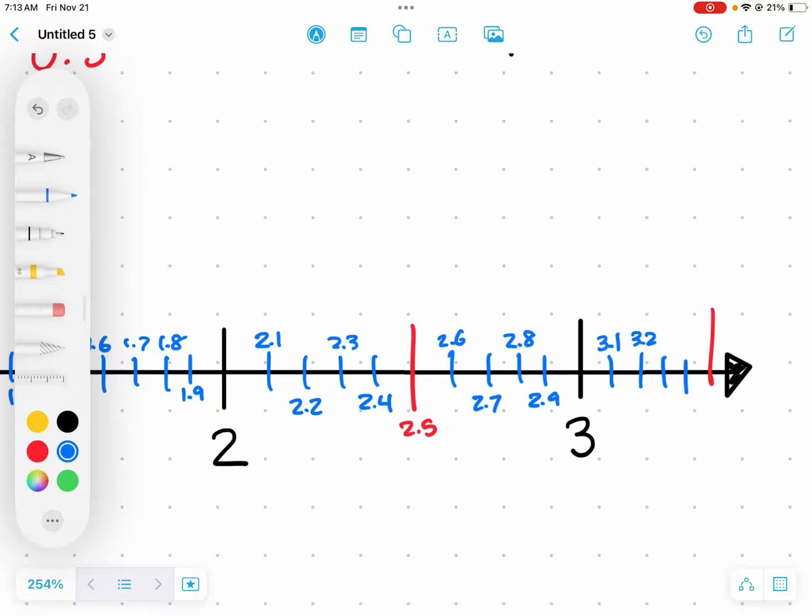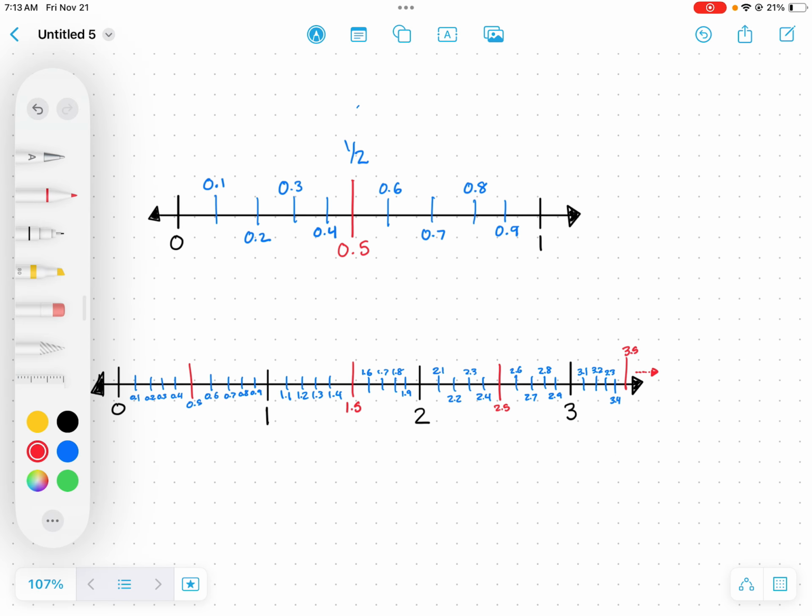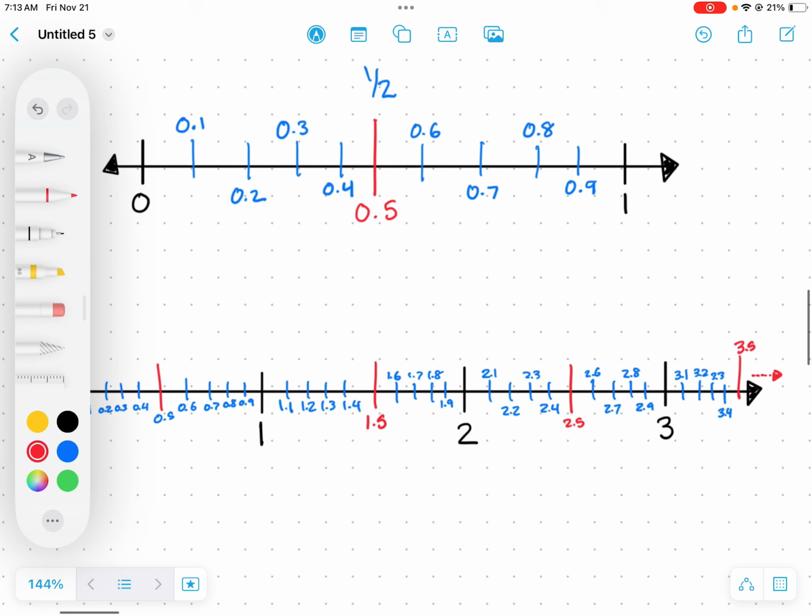If you're asking where 3.0 is, the answer is right there. 3 is the same thing as 3.0. Okay. Now we have 3.3, 3.4, middle being 3.5, etc. That is how you make decimals, and you know where each one is.